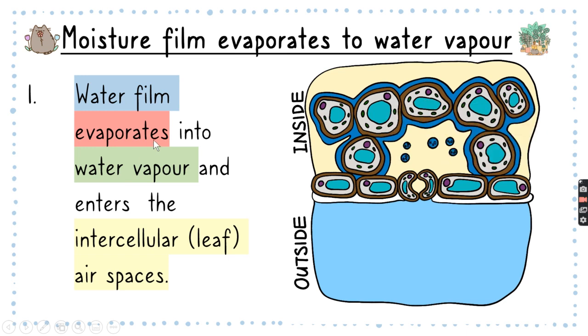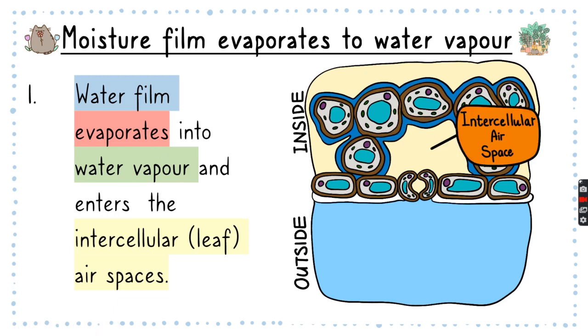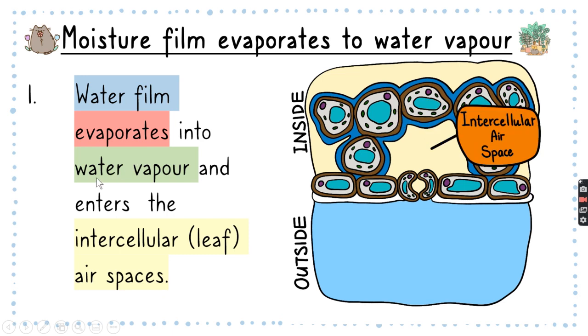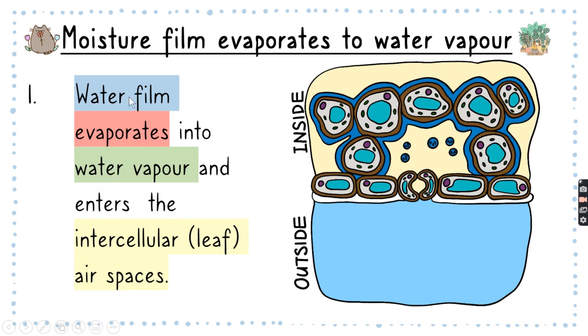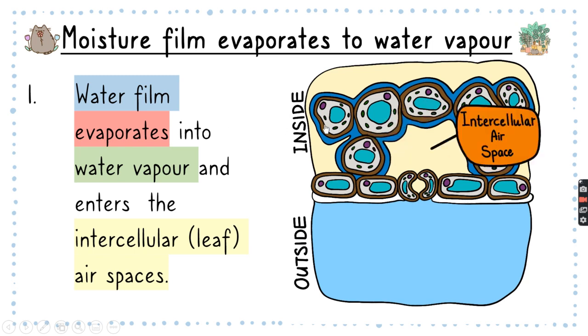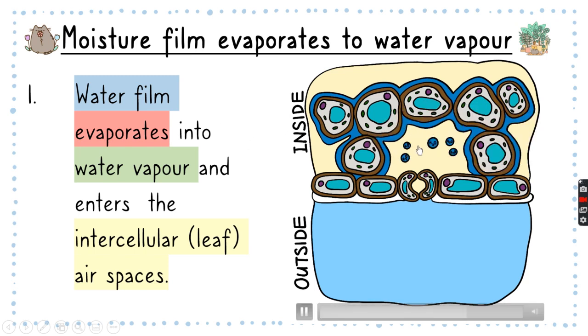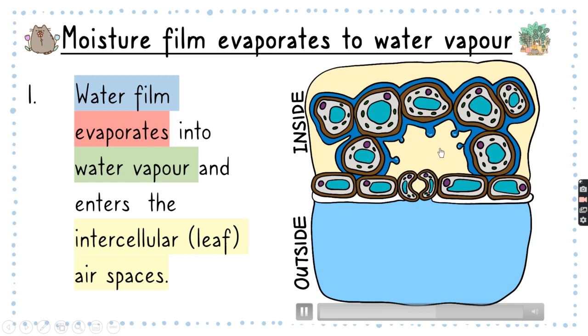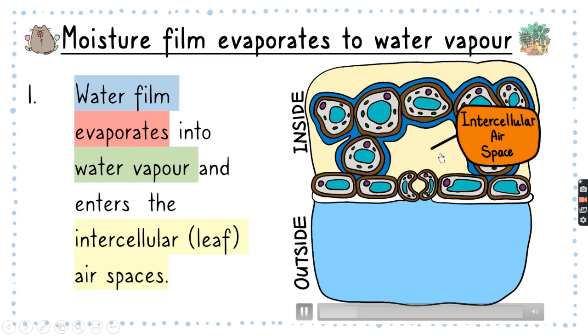If you remember, the definition of evaporation is just the change of state of water from liquid to gas. And the gas form of water is water vapor. So as the water film evaporates to form water vapor, it will now enter the intercellular air spaces. That is where the gases can be found.